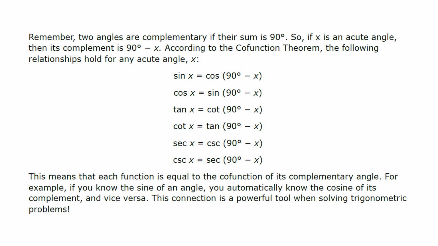Secant x equals cosecant of 90 minus x, and cosecant x equals secant of 90 minus x. So this means that each function is equal to the cofunction of its complementary angle. For example, if you know the sine of an angle, you automatically know the cosine of its complement, and vice versa. This connection is a powerful tool when solving trigonometric problems.